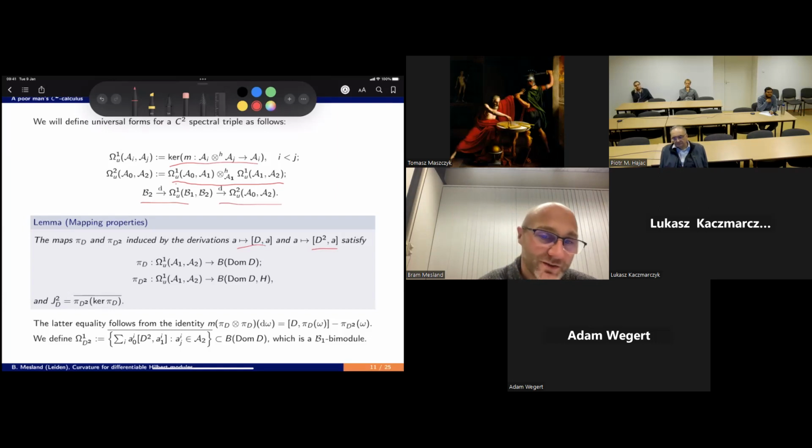And it turns out that these one forms, if I take the coefficients in A1 and A2 like this, then I get operators that preserve the domain of D, but that are also bounded for the graph norm. So I'm writing here the bounded operators on the domain. The domain of D is a Hilbert space on its own, equipped with the graph norm.